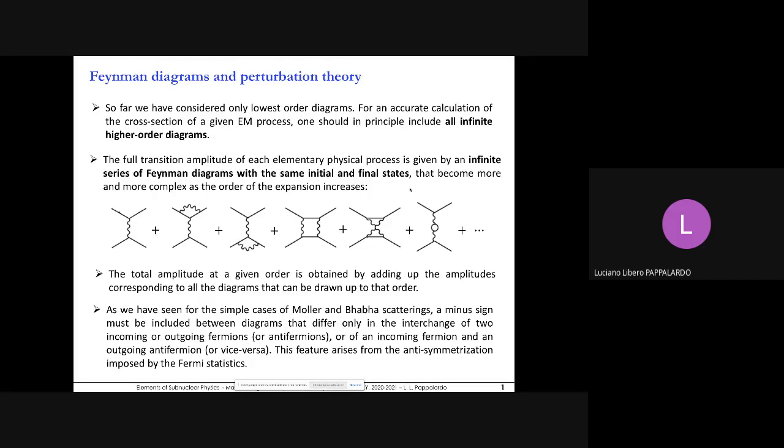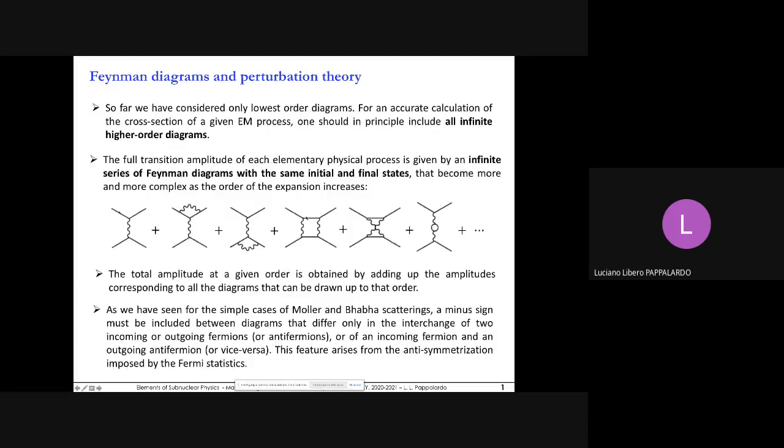So when you sum up diagrams, you have also to consider this. And what I want you once more to notice here is that the complexity of the diagram increases as soon as you go ahead in your expansion, but the initial state and the final state particles are always the same, of course. So we are always talking about the same process.